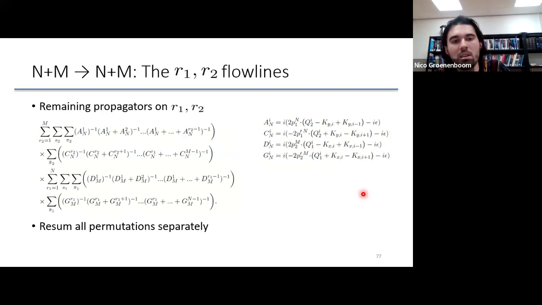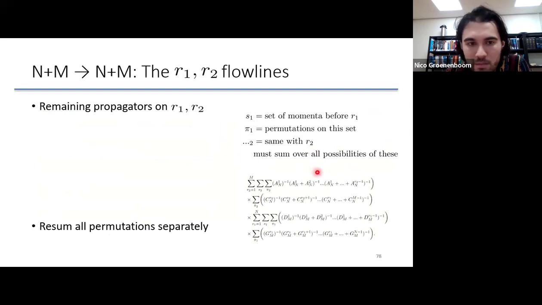Now we want to look at the R1 and R2 ones. The R1 and R2 flow lines are all given by this. So there's a huge sum of products of propagators that are all eikonalized, and then added together before taking a reciprocal.